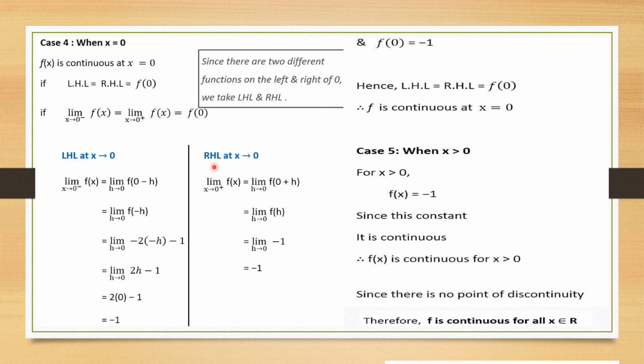This question also gives you the idea of how we conclude that the modulus function behaves continuously. The various conditions we framed, we concluded that this behaved as a continuous function, and the difference of two continuous functions is always continuous. So there is no point of discontinuity, therefore f is continuous for all x belonging to R.